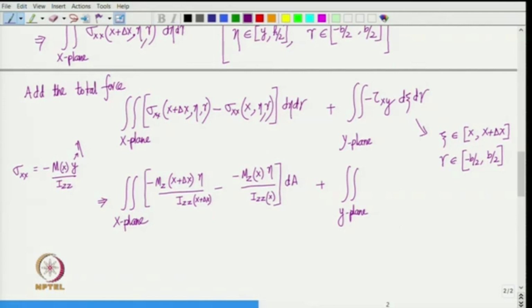We are saying that distributed load is only in the vertical direction, which could be either upward or downward, but there is no distributed load in the horizontal direction along the x axis of the beam. So, we do not get any contribution from the top y plane, the positive y plane. So, this is only the negative y plane.